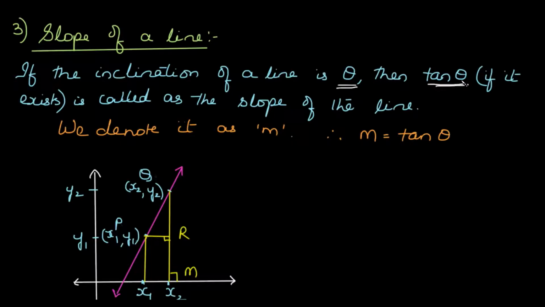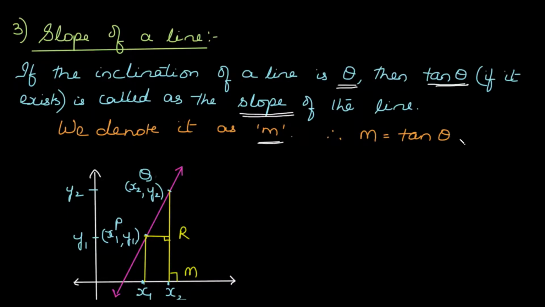You know that tan theta may or may not exist, since tan of certain angles does not exist. Remember this: tan theta is called the slope of the line. Commonly we call it m.